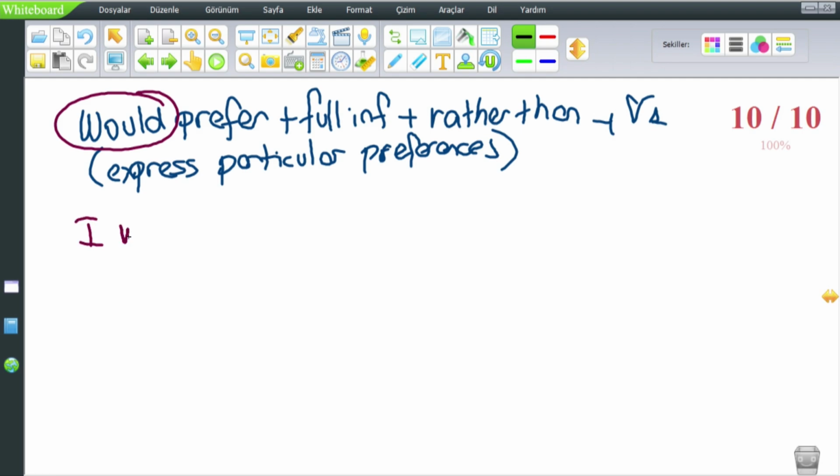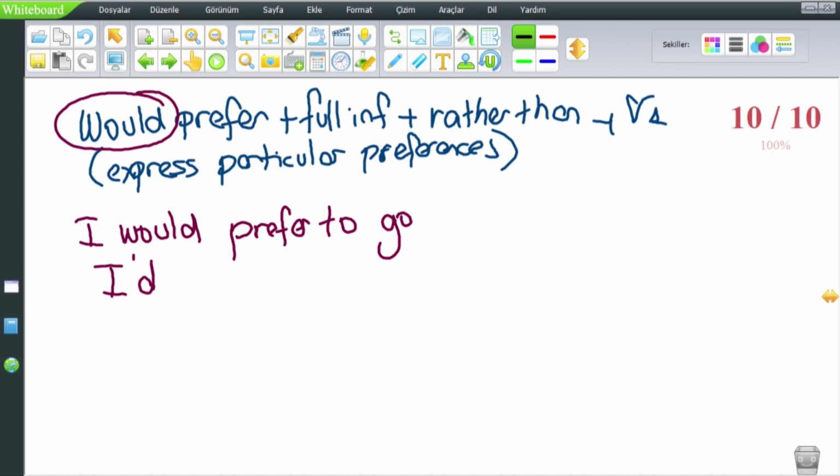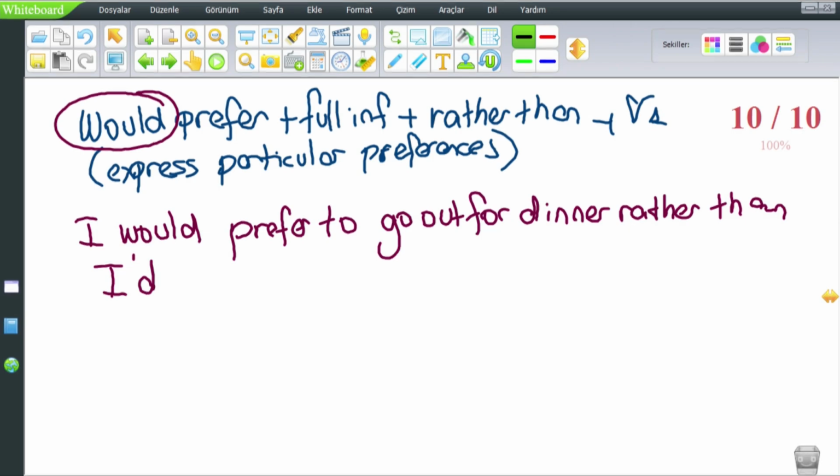I would prefer, or if I wanted to shorten it, I'd prefer to go out for dinner rather than stay at home.